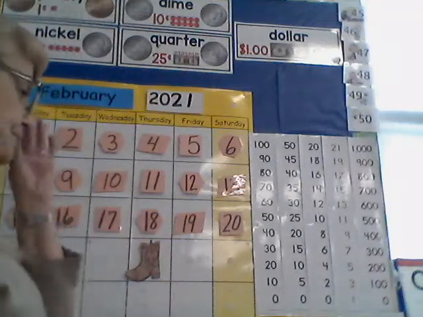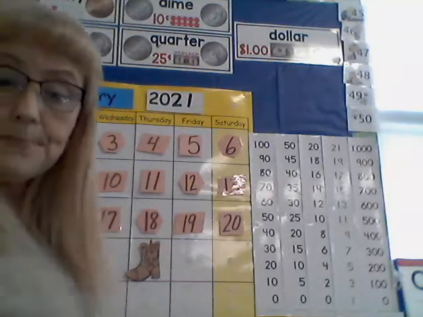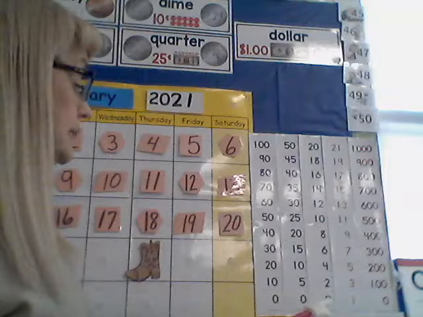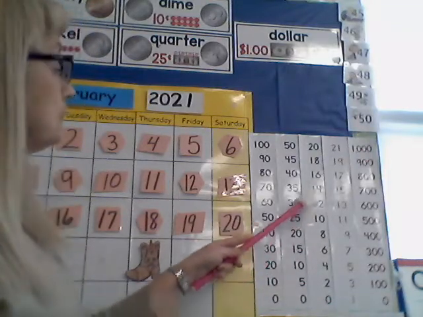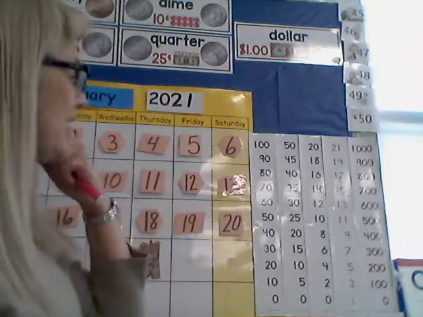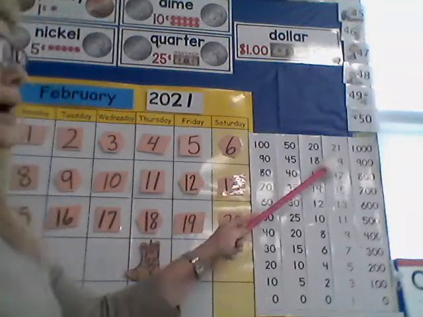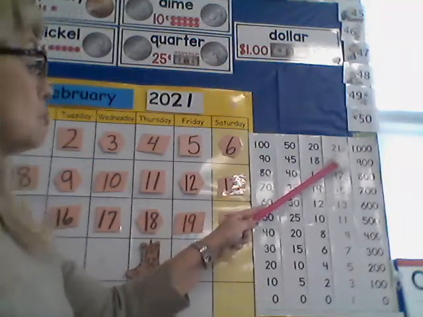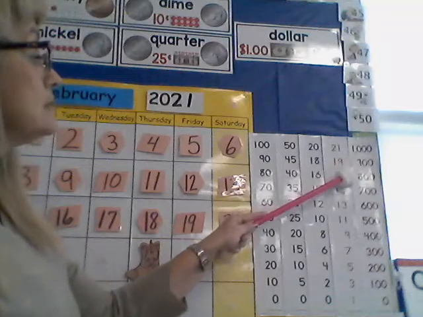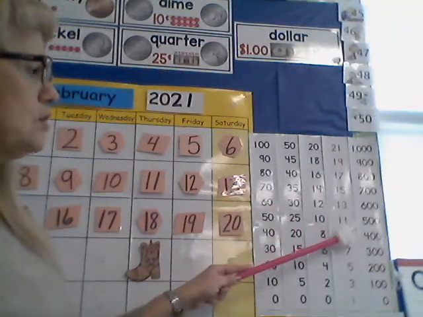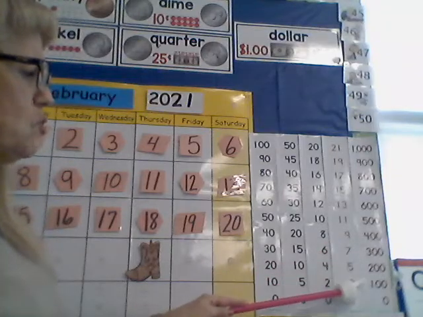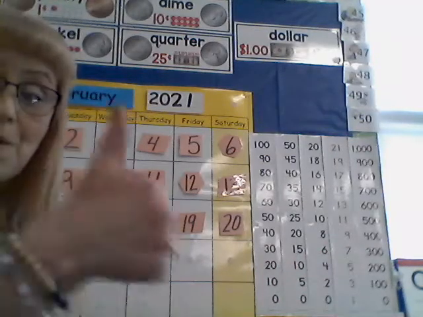Let's do even numbers. 0, 2, 4, 6, 8, 10, 12, 14, 16, 18, 20. How about backwards from hundreds? 1,000, 900, 800, 700, 600, 500, 400, 300, 200, 100, 0.